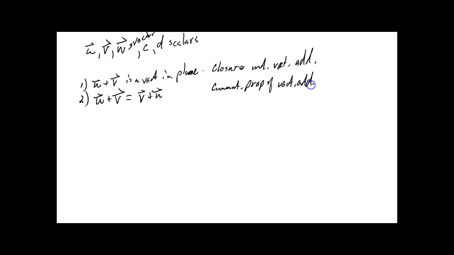It was true in scalars, but it's also true in vectors, okay? Doesn't matter which order you add two vectors, you're going to get the same vector sum, okay? Commutative property. And by the way, my silly way of remembering what this one is, I drove here from home to work.